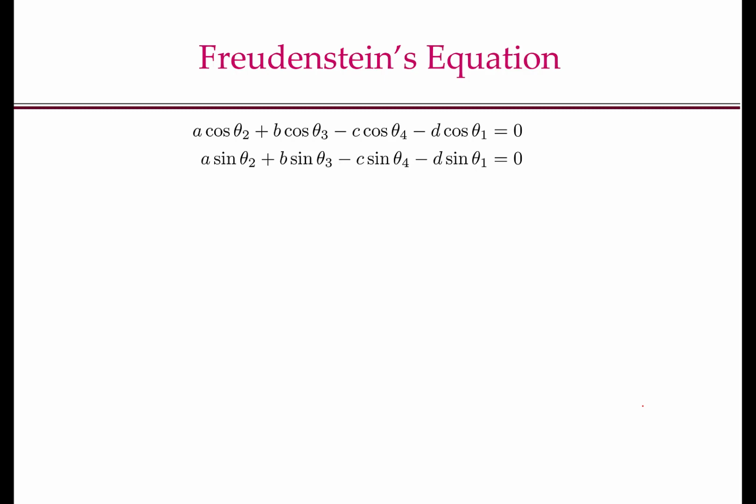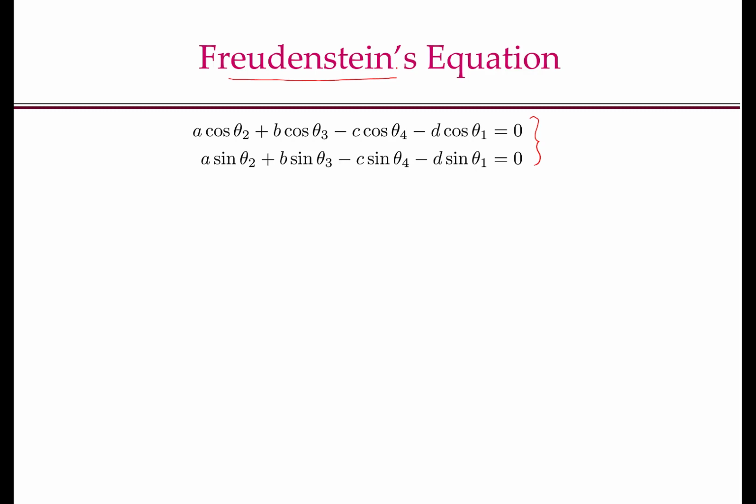Alternatively, we could have directly tried to solve the two scalar equations from the vector loop closure equations. And these two scalar equations that we had derived earlier are shown here. Then in the process of the derivation, we would arrive at an equation which is very useful for analytical synthesis. And it is known in the literature as Freudenstein's equations.